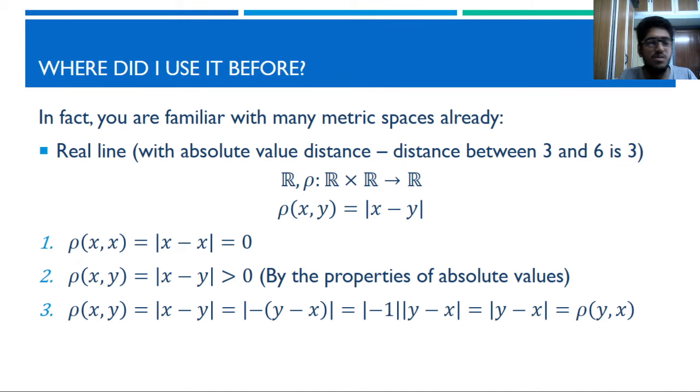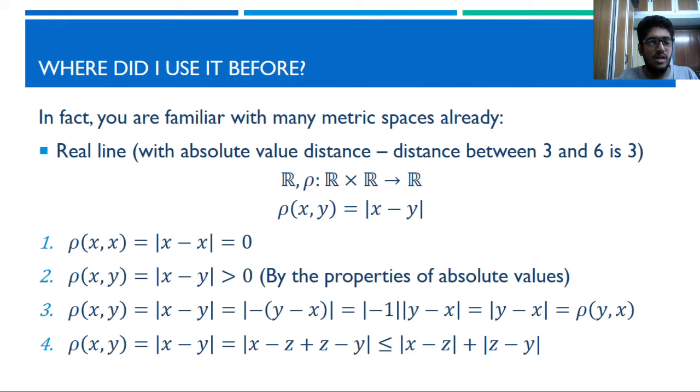So rho of x comma y is equal to the absolute value of x minus y, which is equal to the absolute value of minus of y minus x. I am taking a minus out from x minus y and using the property to split it. The absolute value of minus 1 is 1, disappears, and you're left with rho of y comma x.